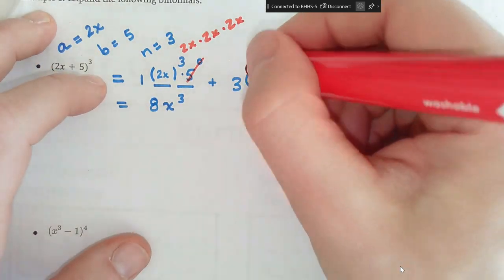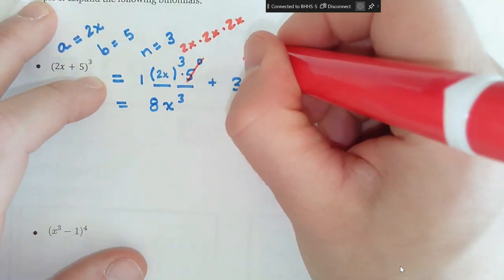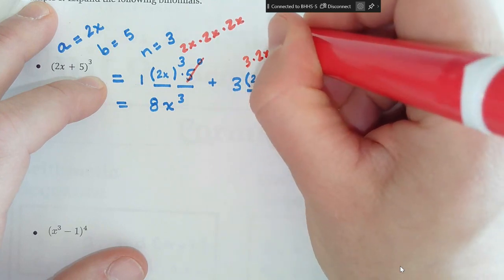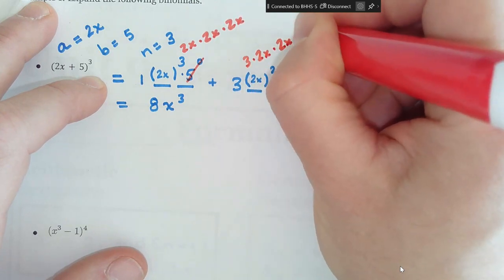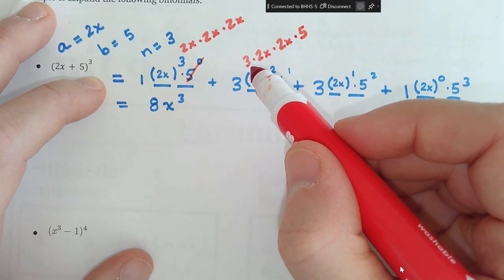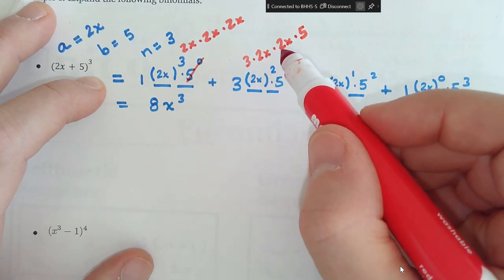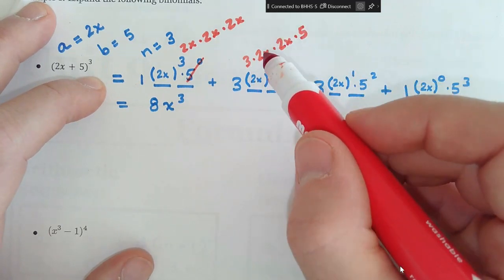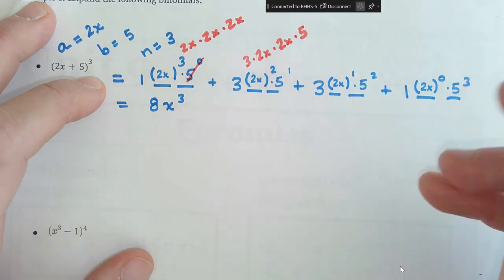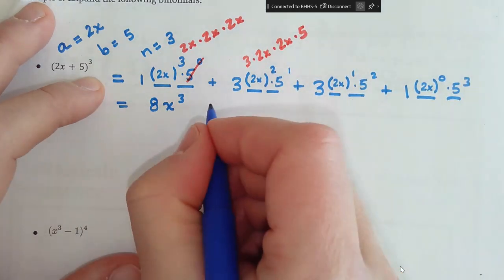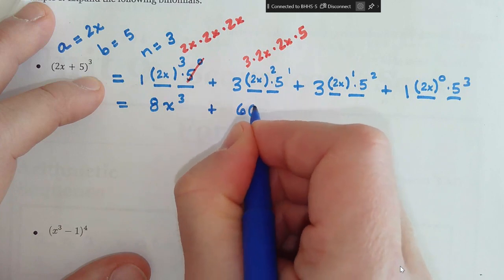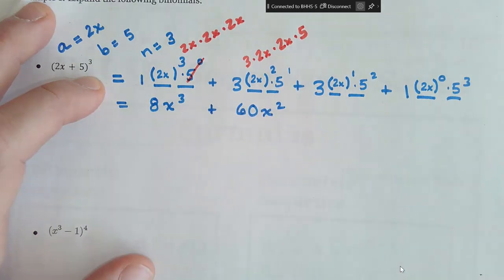The next one, when you expand it out, it looks like this. 3 times 2x times 2x times 5. So the calculation you need to do is 2 times 2 is 4, times 5 is 20, times 3 is, so this would be 60x squared.